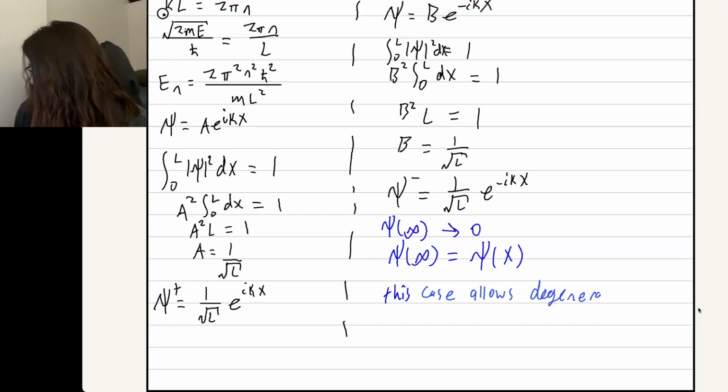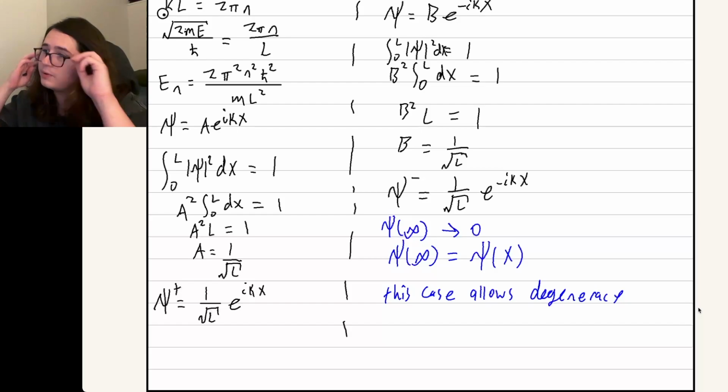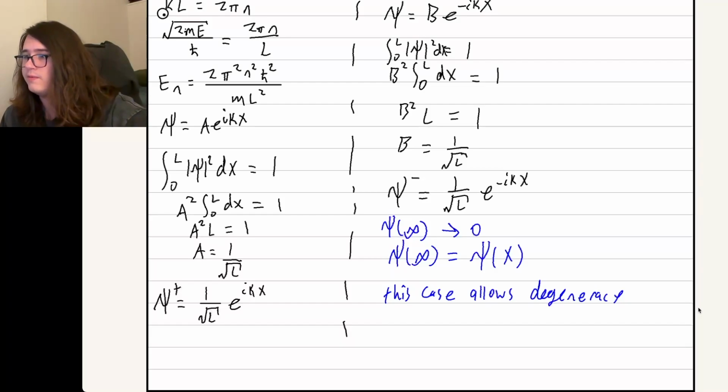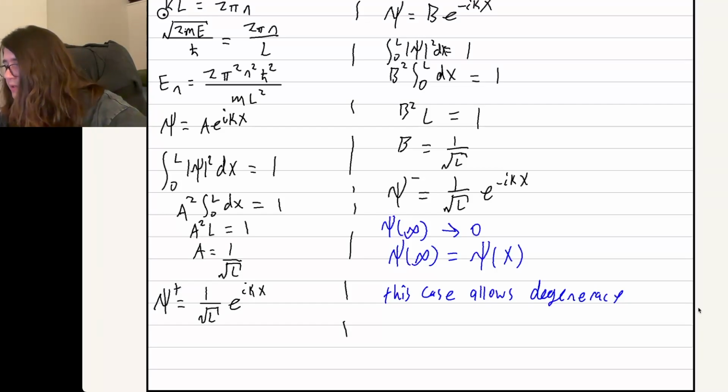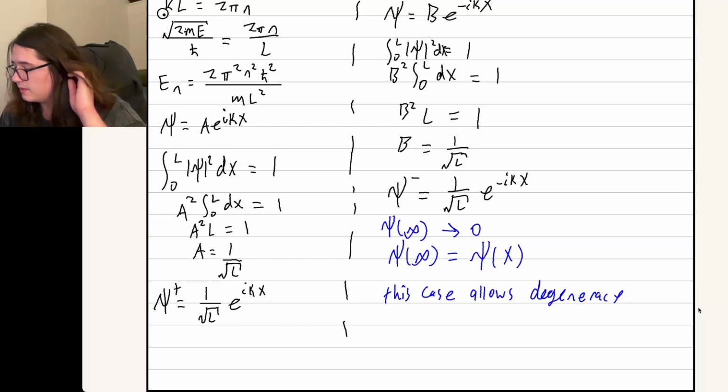And I think you'll find, if you study any more problems like this, that if you have any sort of domain which is cyclic in one dimension, then you can have degenerate states in those as well. But in any domain that isn't cyclic, I think we can't have degenerate states. So, yeah, kind of interesting.